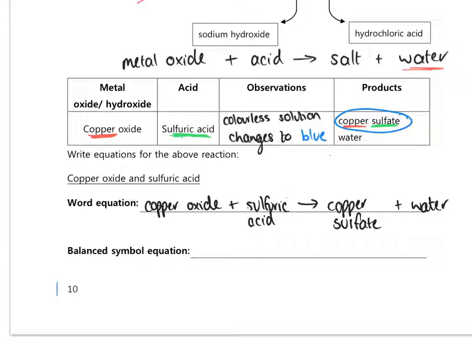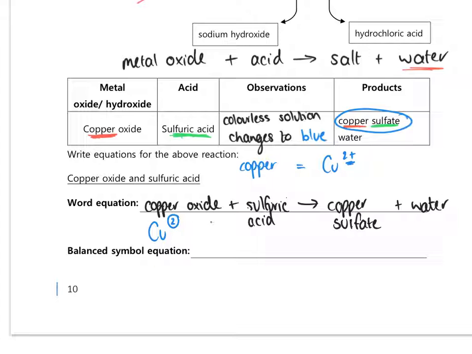Okay, then looking to write a balanced symbol equation of it. For copper oxide, I'm going to have to do my swap and drop. Copper again is a transition element in the transition element block, and so we can't get its valency from its group number. So look to the periodic table, back of the periodic table, and you should see that copper ions are Cu2+. That charge of 2+ means the valency of copper is 2.